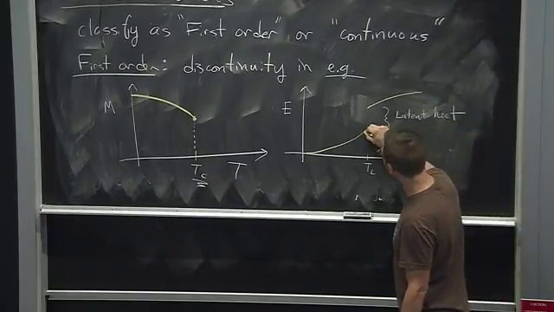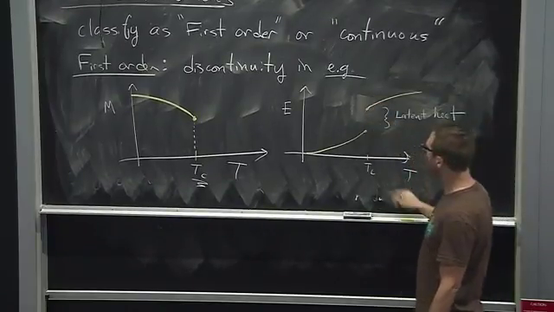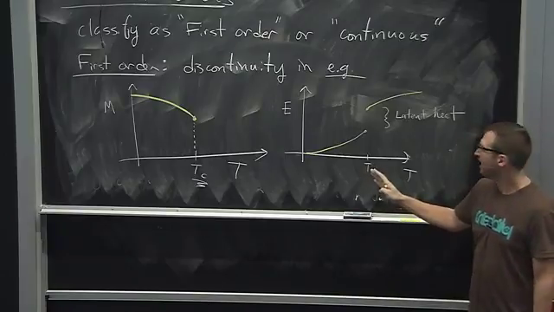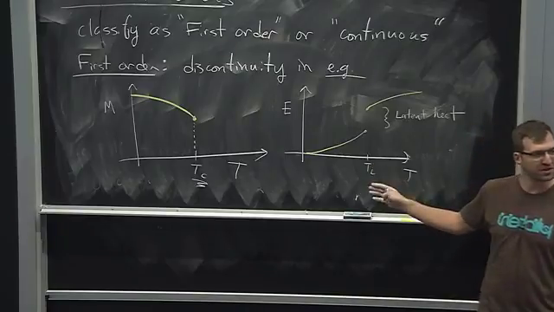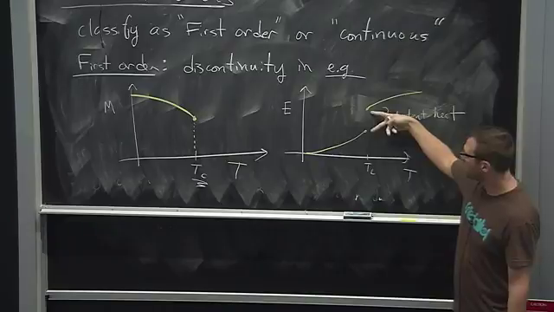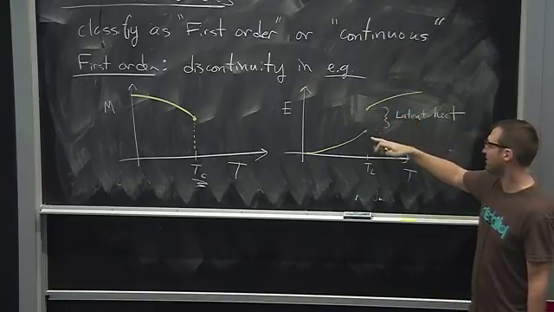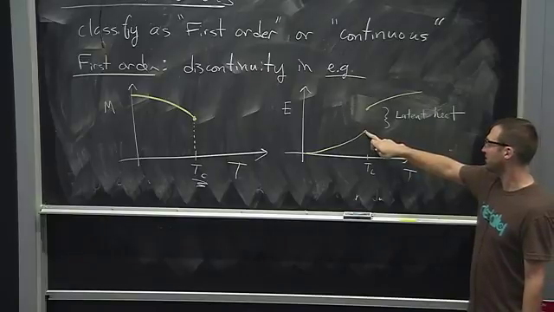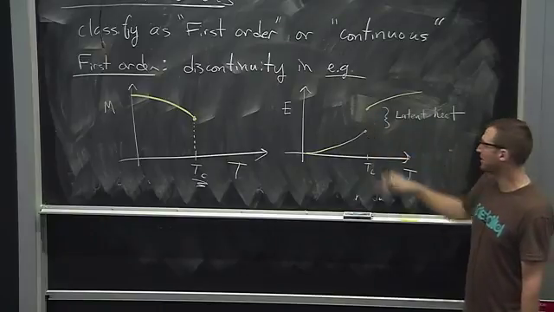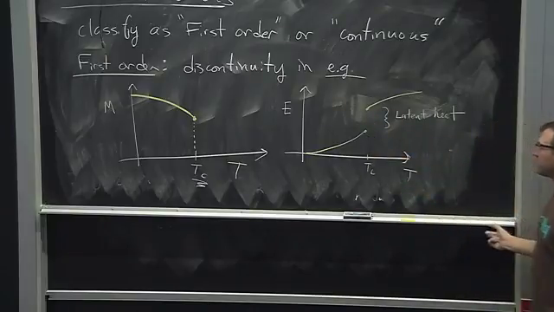You'll see coexistence at first order transitions, because if you're sitting at or near the transition point, the probability distribution of, say, your energy has two peaks. That's one way of thinking about it.